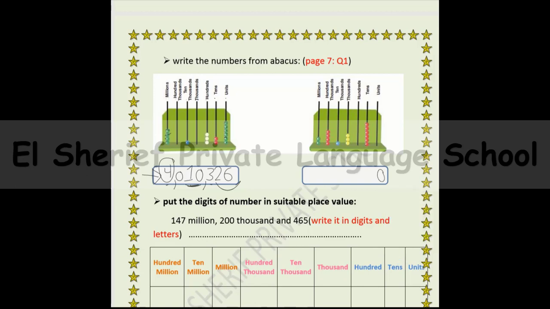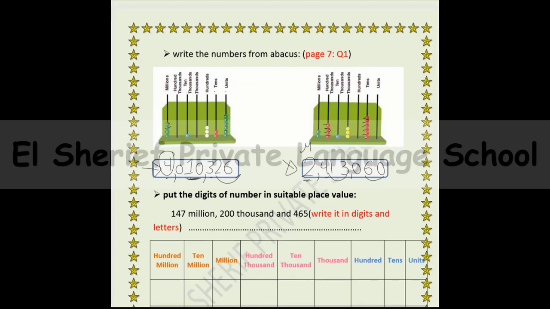In tens we have 1, 2, 3, 4, 5, 6. 6 tens, nothing in hundreds, and 3 in thousand, 1 in 10,000, and 1, 2, 3, 4 in 100,000, and we have 2 in million. So start from the left hand side, we have 2 in million, so we have 2,413,060.